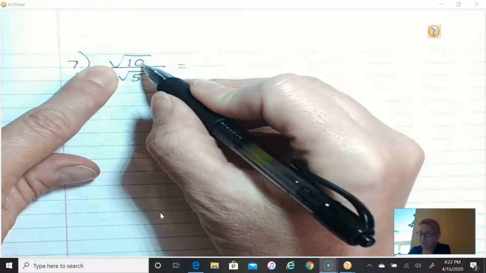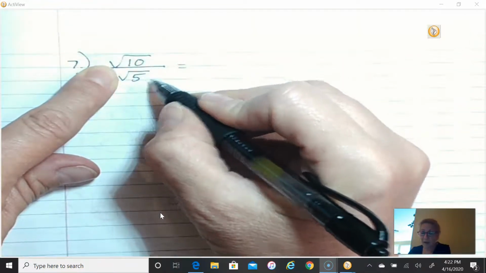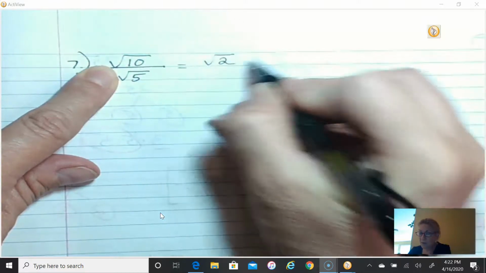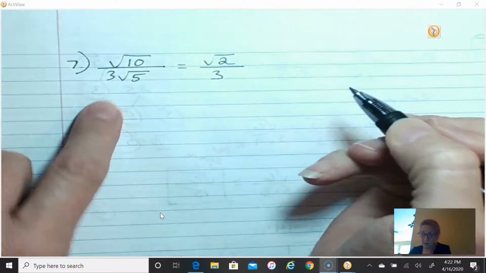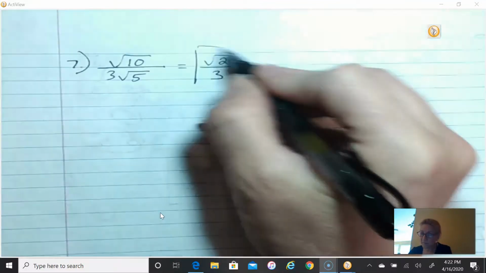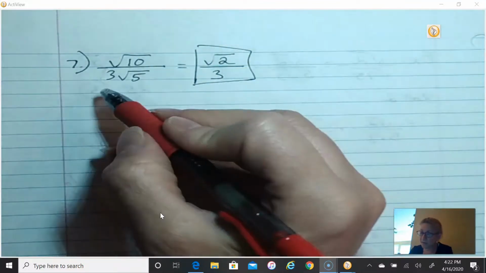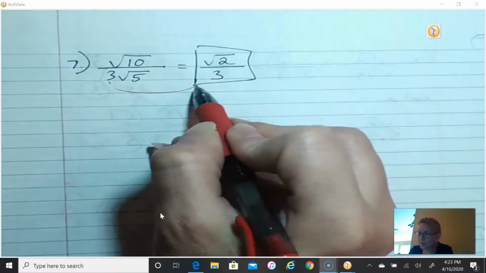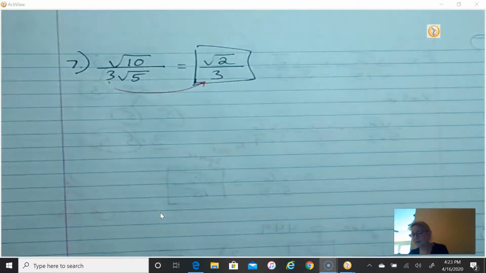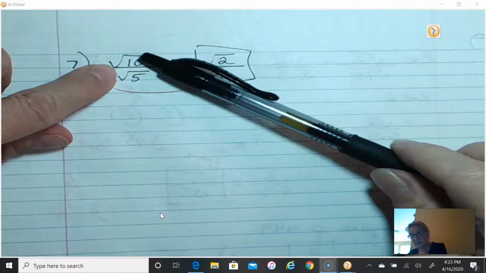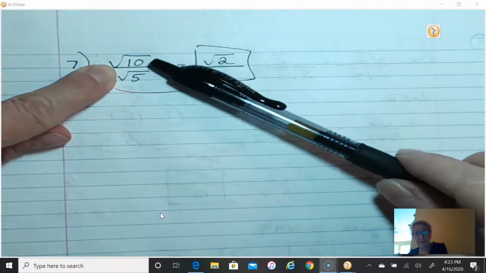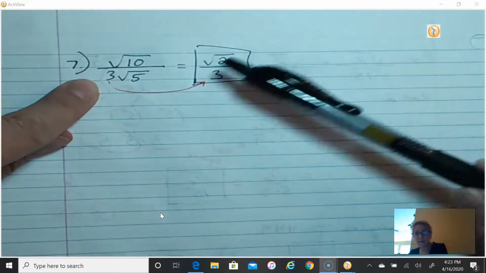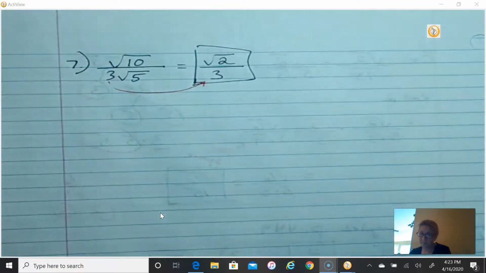So the square root of 10 divided by square root of 5, square root of 2. And that 3, you just leave that 3 there. So make sure you do not forget that 3 there. Again, look to see if they can be evenly divided. It'll make your life a lot easier. In this point, they can. You just bring over that 3.